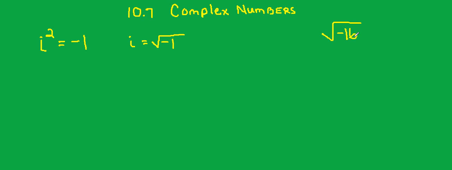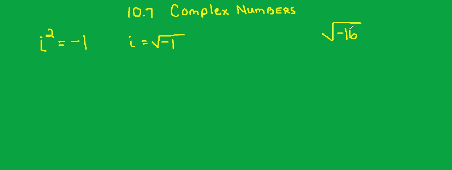The set of complex numbers includes the imaginary numbers. So this is where we're headed with imaginary numbers, and the key component of this is i squared equals negative 1 and i equals the square root of negative 1.